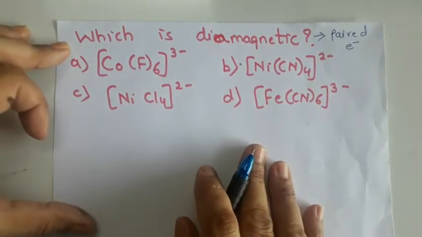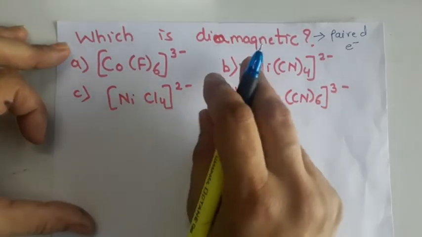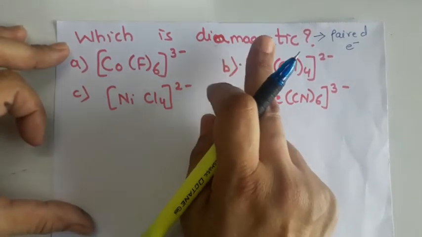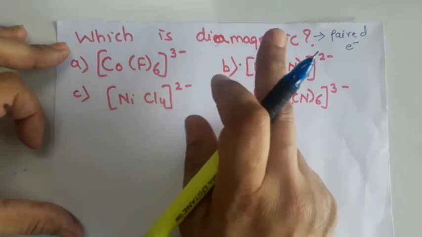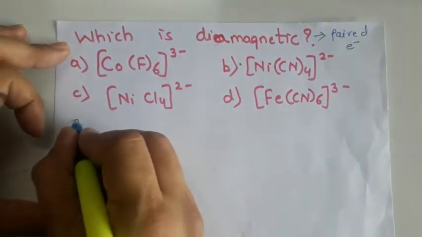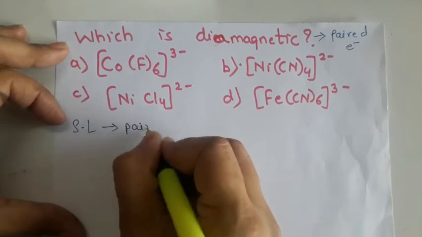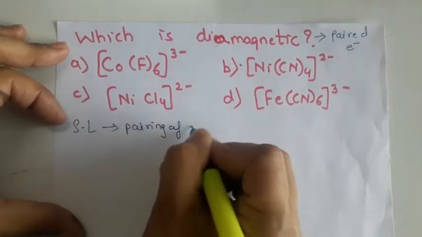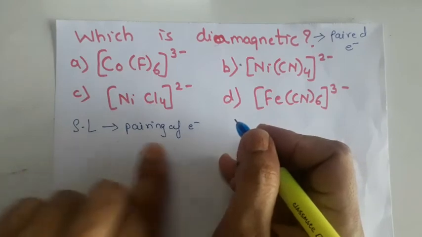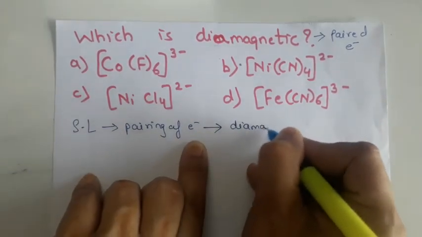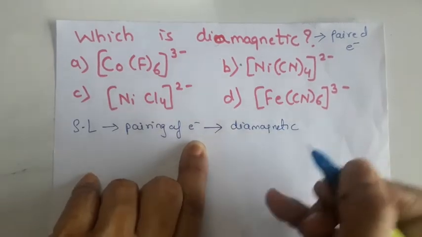Now I'll give you one hint. In order to find out which particular compound is diamagnetic, you should always look out for strong ligands. Why am I saying this? Because a strong ligand leads to pairing of electrons, and if electrons are paired, that particular compound is diamagnetic.